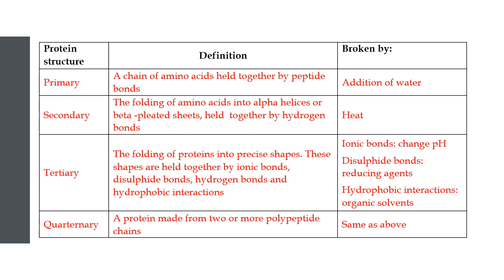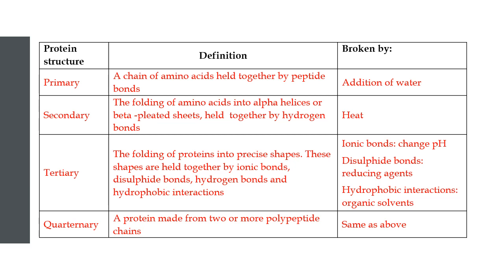So I'm not going to read through the whole thing because most of this has been covered in the biological molecules playlist, but I do want you to take note that you can break peptide bonds by adding water. You can break hydrogen bonds by adding heat. To break ionic bonds in the tertiary structure, you change the pH. To break a disulfide bond, you use reducing agents. And to break hydrophobic interactions, you use organic solvents.